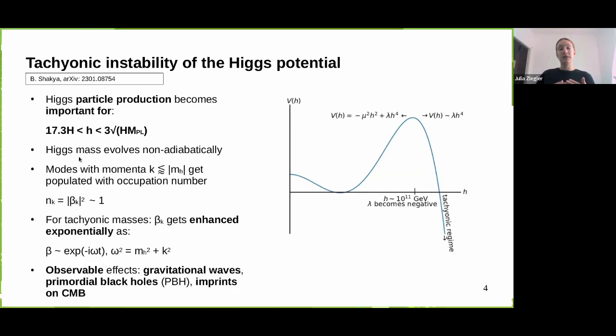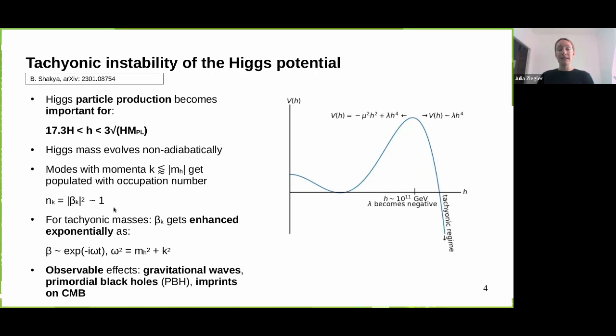So in this window, the Higgs mass evolves non-adiabatically and then modes with momenta k, where k is smaller than the mass of the Higgs particles, get populated with the occupation number n. And n then is equal to the Bogoliubov coefficient beta to the power 2. This usually is around order 1.